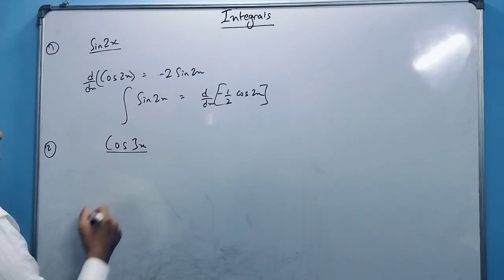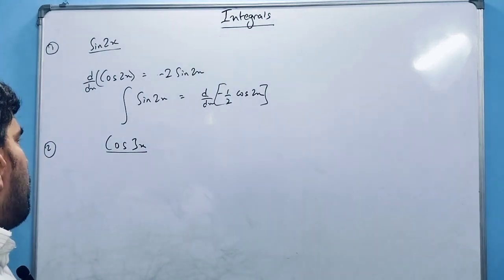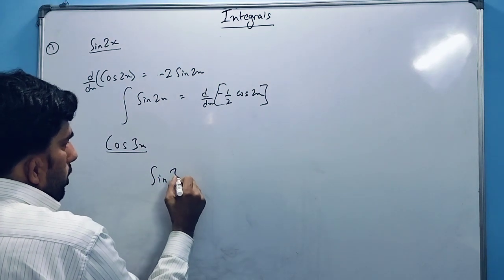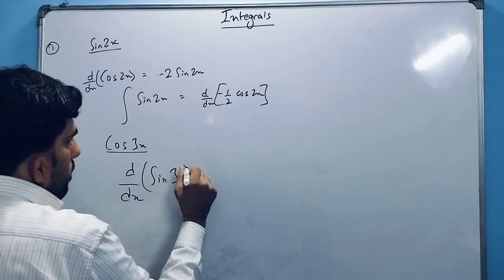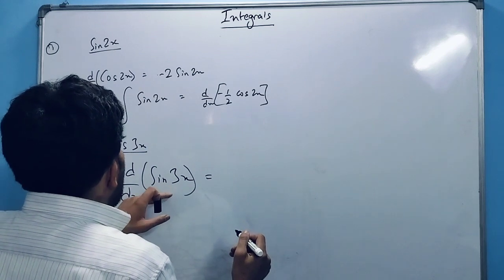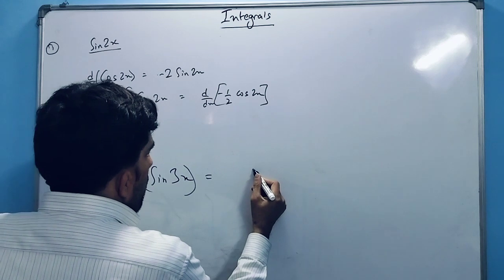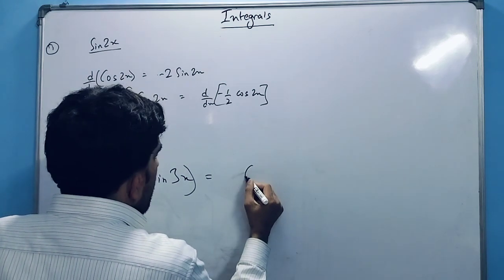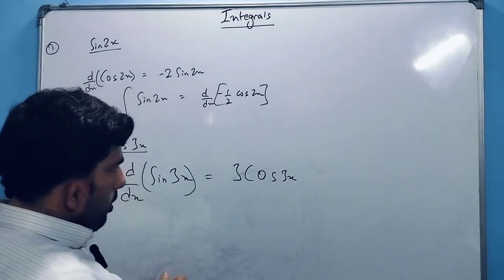So let us try to find the function whose derivative is cos 3x. It will be sin 3x. Now if I differentiate sin 3x, I will have cos 3x, so we'll have 3 cos 3x.